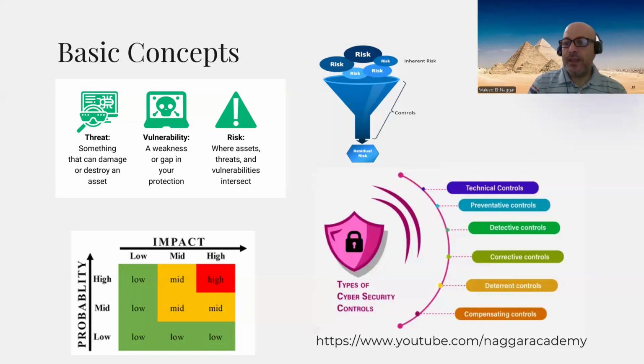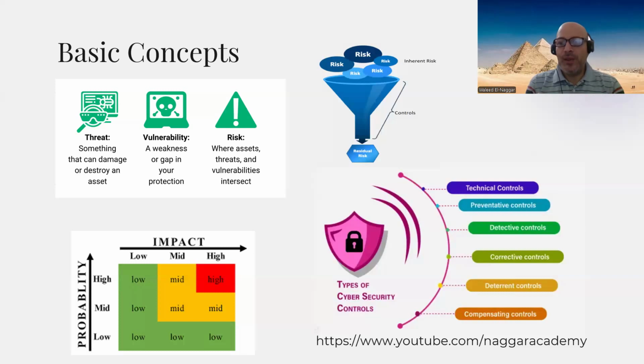Because let's face it, you cannot have zero risk. This will never happen. We are not in heaven. We are in real world. But your aim is to decrease the size of the risk by decreasing the probability or the impact or both of each risk until you have an acceptable level of risk, a level of risk that you can live with. This is what we call the residual risk. This is the risk that we're going to accept and we're going to live with.